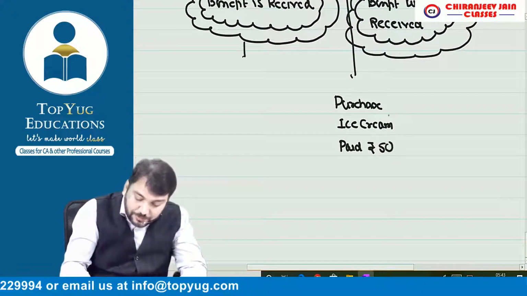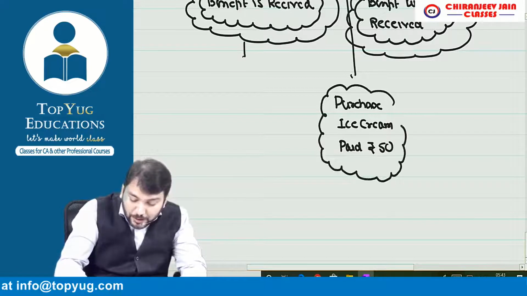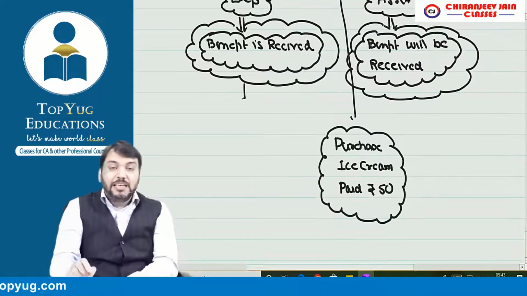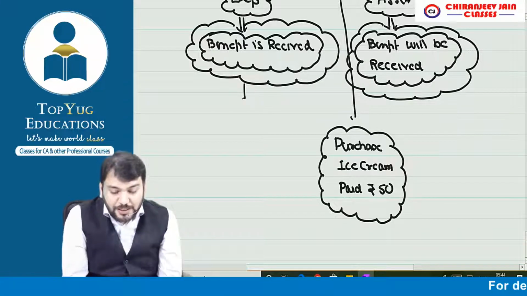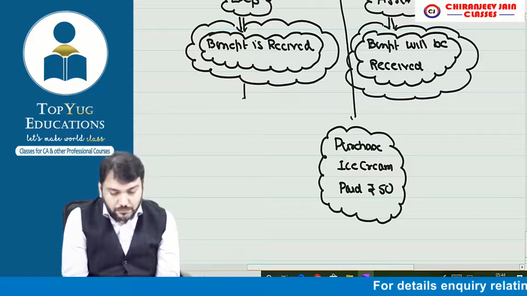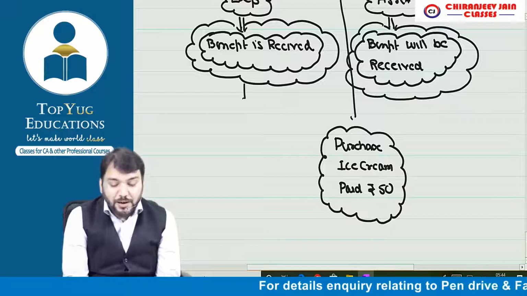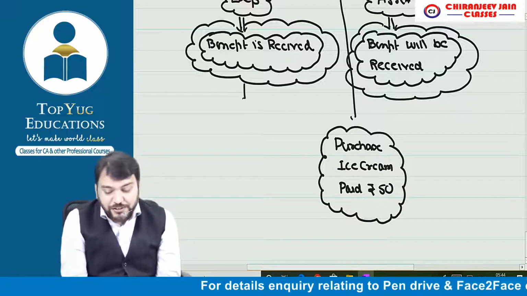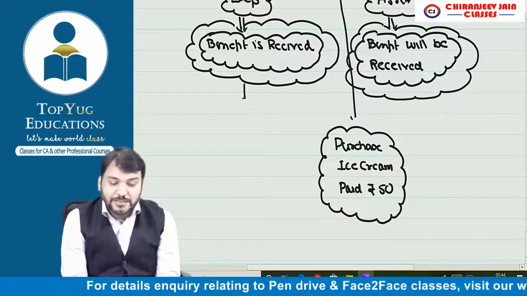Rupees 50. You purchase ice cream and you paid rupees 50. बताओ, is it an expense or asset?